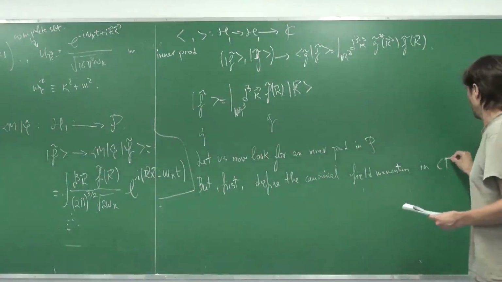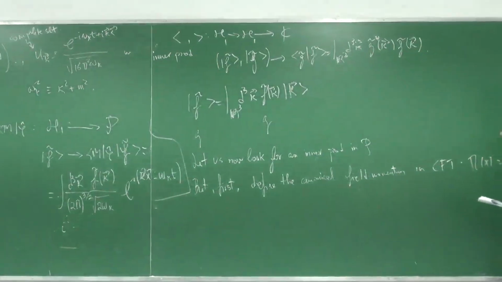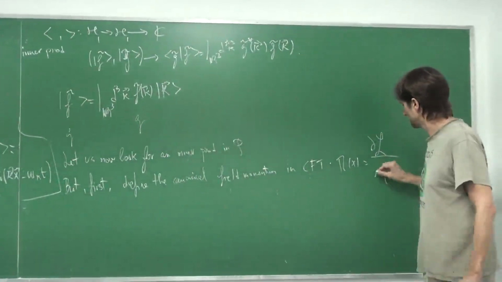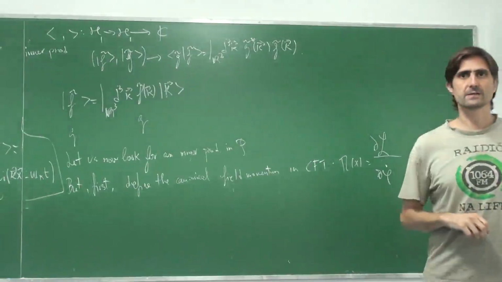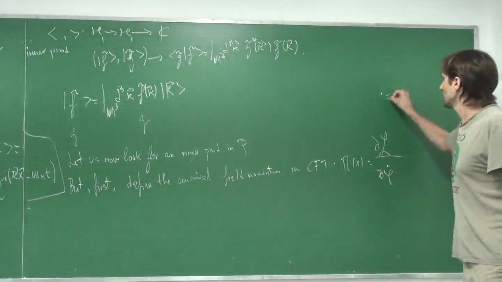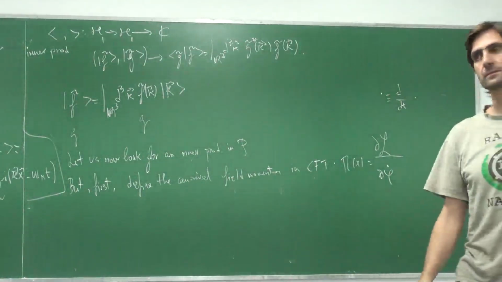So first of all, we do it by classical theory, and that just defines it as the partial derivative of the Lagrangian density with respect to phi dot. Dot always denotes derivative with respect to time.